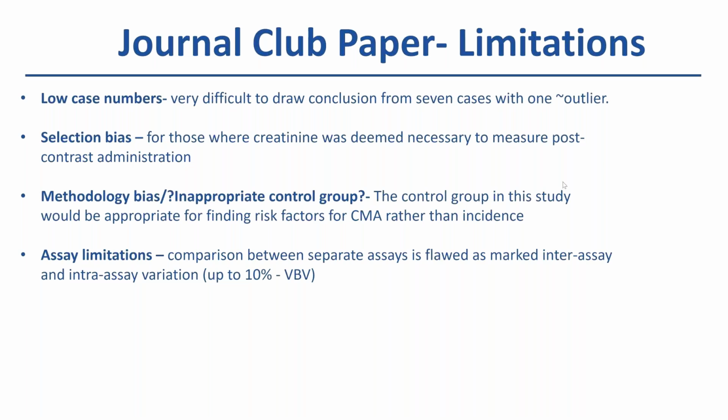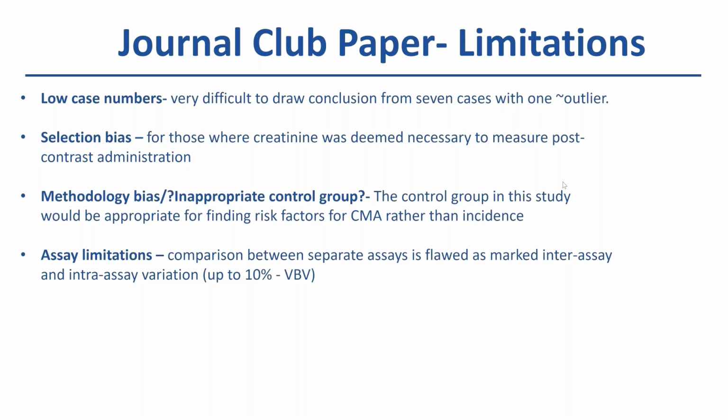There's the limitations of the assay, so obviously they're compared between separate assays. Now, yes, the Veterinary Biological Variation website says that there's only up to 10% variation between creatinine assays, but those are mainly looking at laboratory assays, not your benchtop analyzer or your point of care analyzer, which I guess from my own experience, there can be quite marked differences with as well.